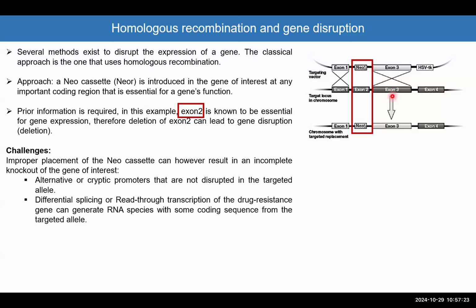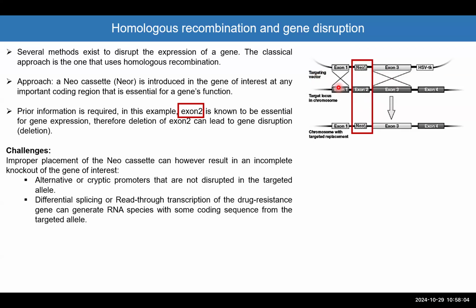And in order to delete, for example, this gene, what we have to do is to generate a vector that has the exact same sequence of exon 1, the exact same sequence of exon 3, sorry, but it doesn't have exon 2 and exon 4. Okay, now for the homologous recombination, since exon 1 exists on the vector and on the chromosome, and exon 3 as well, this would be a perfect site for the recombination.